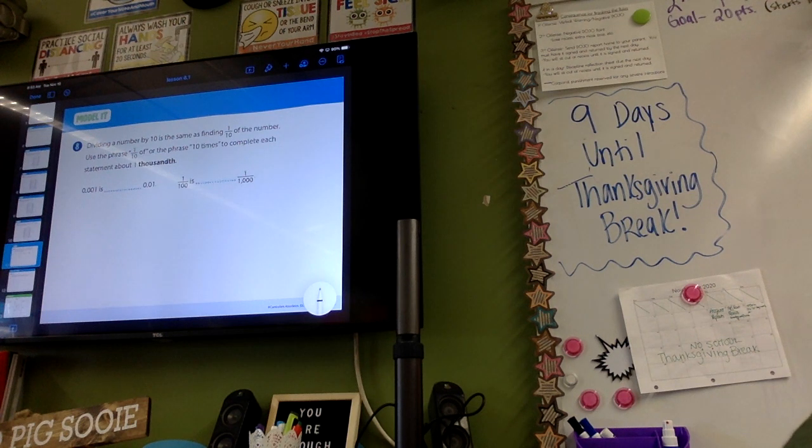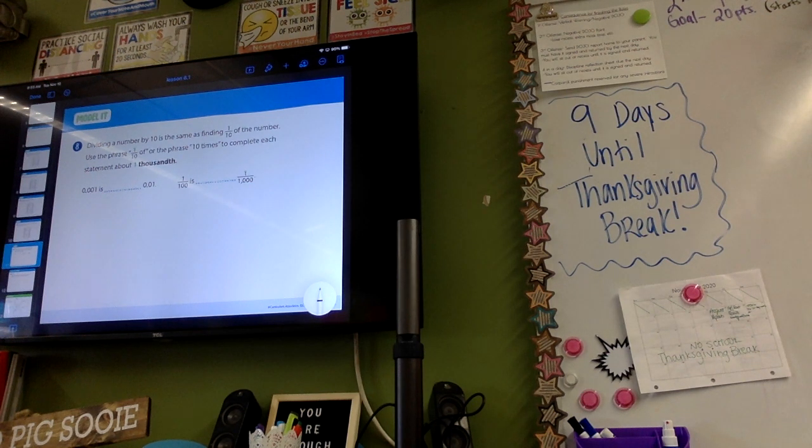Number 8. I've already said this, but I'm going to read it again. Dividing a number by 10 is the same as finding 1/10 of the number. So use the phrase 1/10 of or the phrase 10 times to complete each statement about 1,000th. Okay? So 1,000th is blank 100th. Remember, thousandths are less than hundredths.